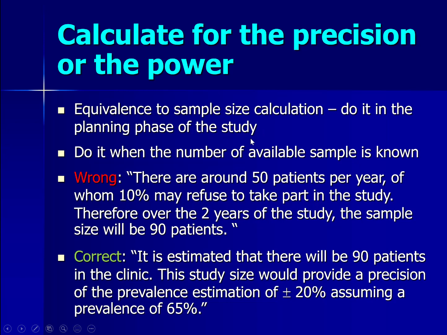Not only aiming to calculate for n, but if you already have the number n, for example, you have a total of 200 patients in the disease registry, you cannot just say you will use all 200.